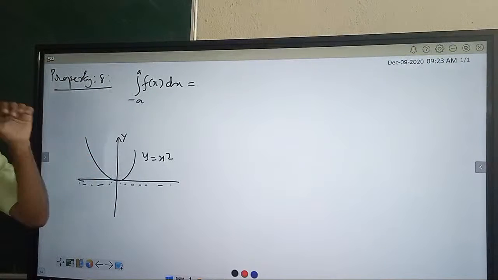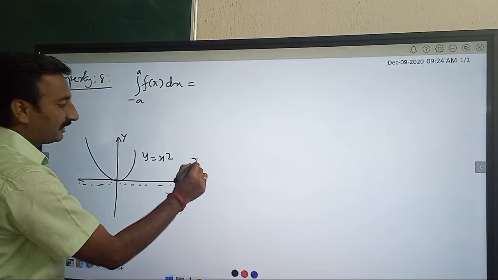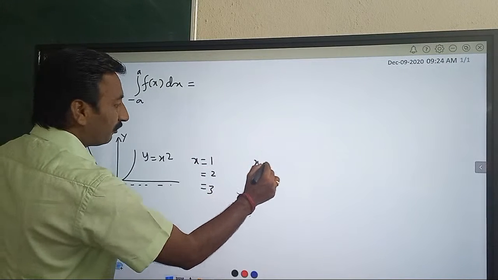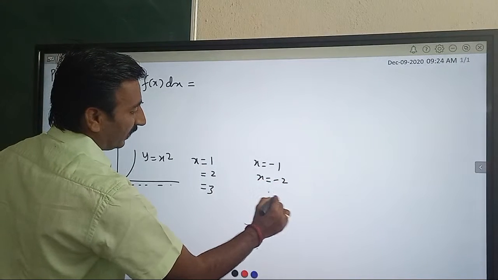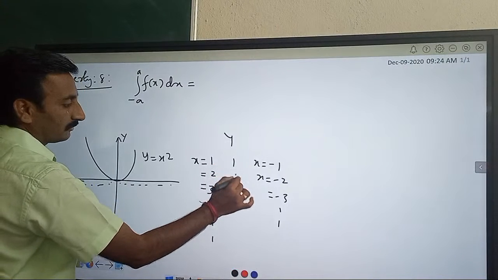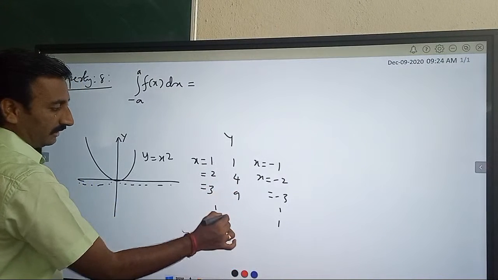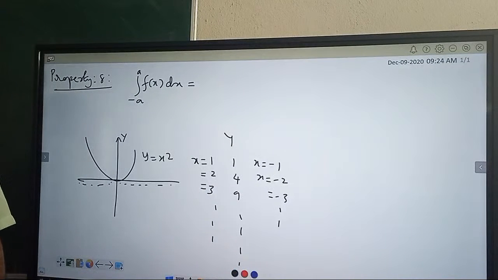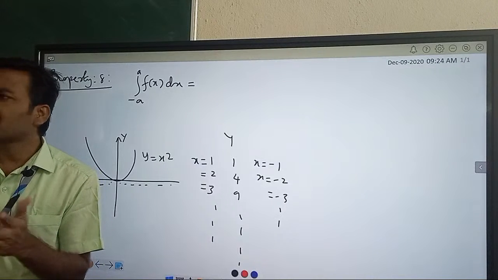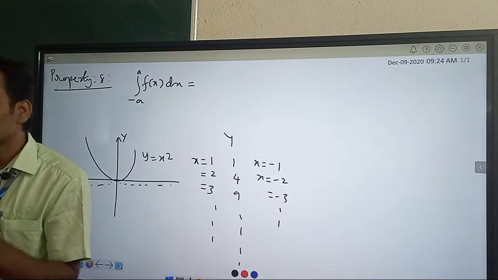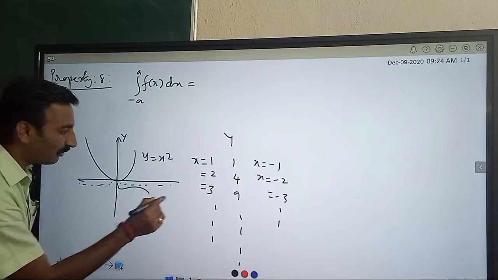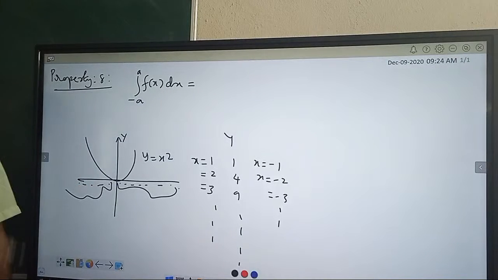If I put x equal to 1, 2, 3 or x equal to -1, -2, -3, and so on, the y values you are getting are 1, 4, 9, and so on. If you take positive or negative, there is no effect on y equal to x square, no change in the function. Half of the values you are getting, again half will be the same.